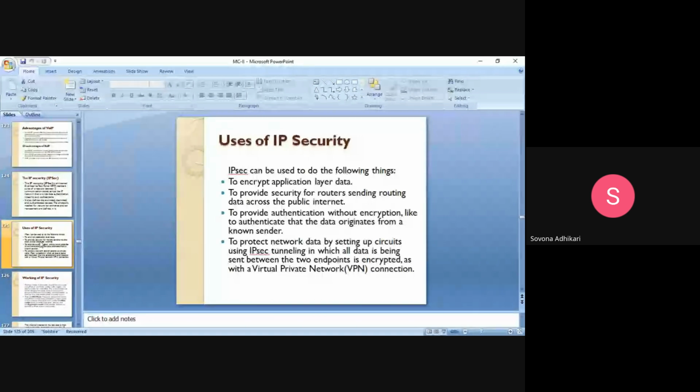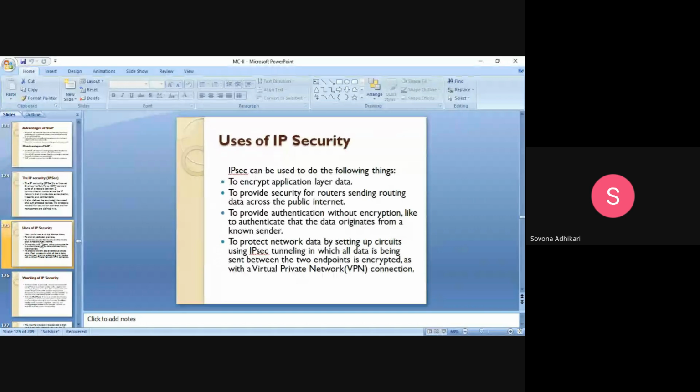So if you are using the public network or public internet, it provides security for the routers. It can also provide authentication without encryption, like authenticating that data originated from a known sender, that is, the data comes from an authorized sender.